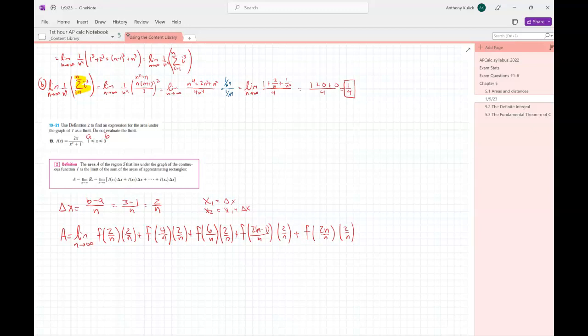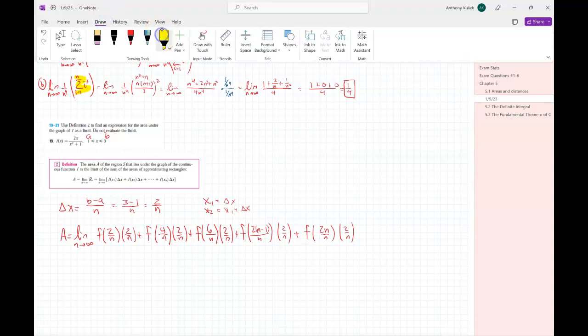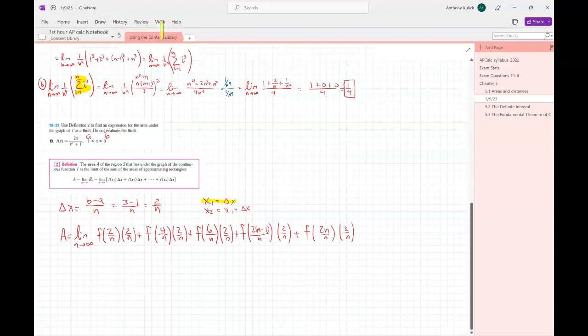Oh, shoot. What did I do wrong? It's here. That's why I said, oh, shoot, because it means all the x coordinates I picked were wrong.